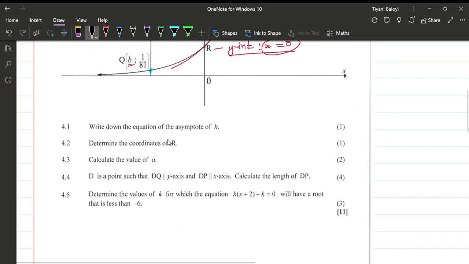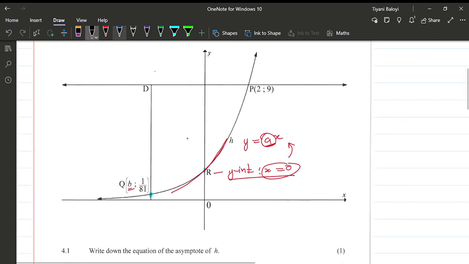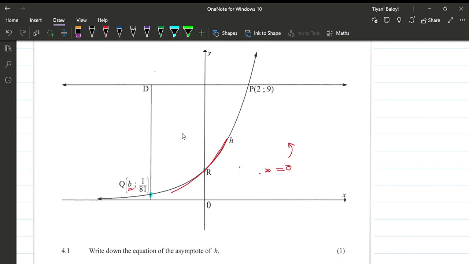So now they say D is a point such that DQ is parallel to the y-axis and DP is parallel to the x-axis. Calculate the length of DP. It always makes things easier to make sketches, basic sketches make things much easier. So you can just sketch your lines here.